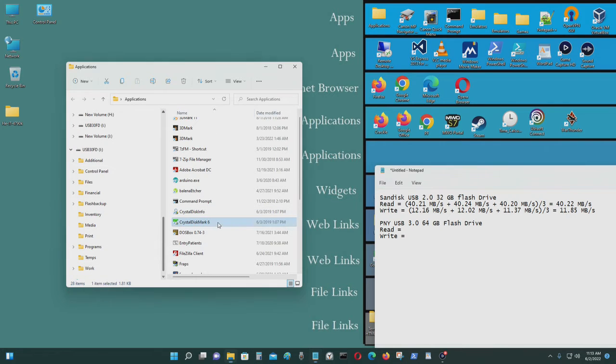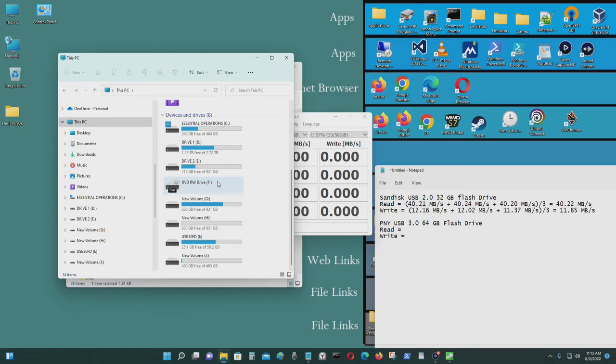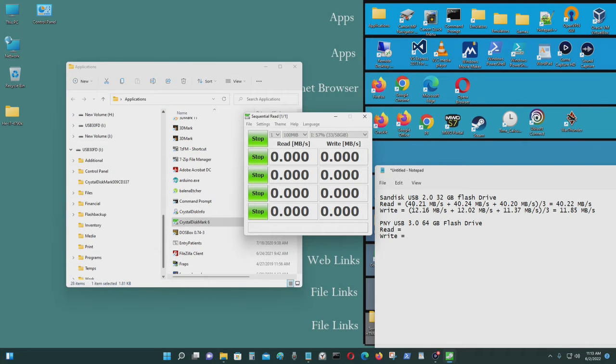So I'll be opening up CrystalDiskMark 6 again. Now, 15.8 megabytes per second for the write.